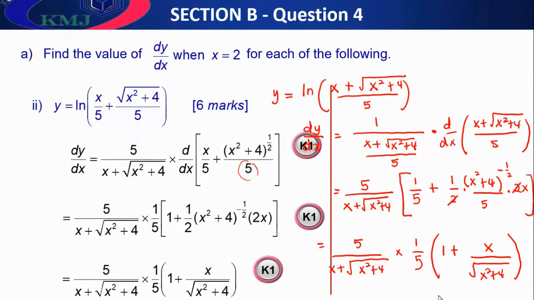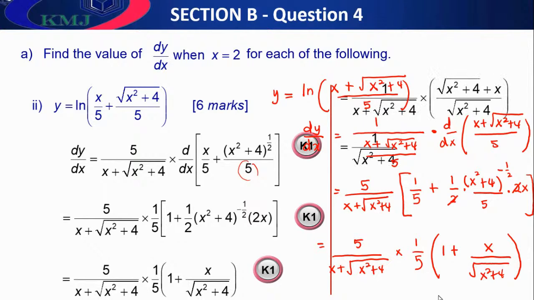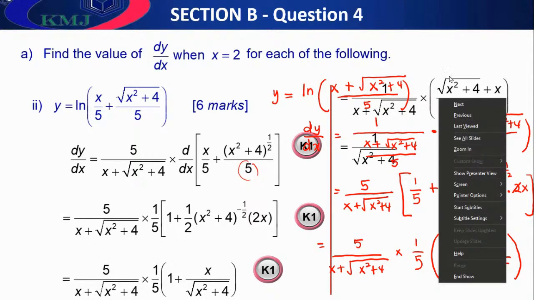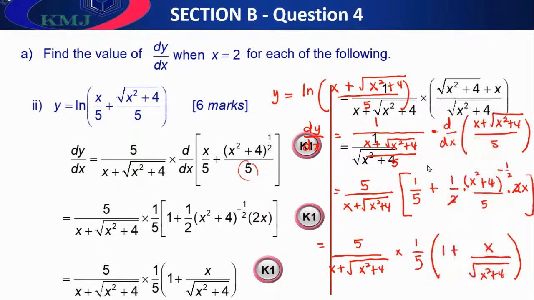And then we need to simplify so that we can get 1 over √(x² + 4). Okay, so this is the J1, the answer.